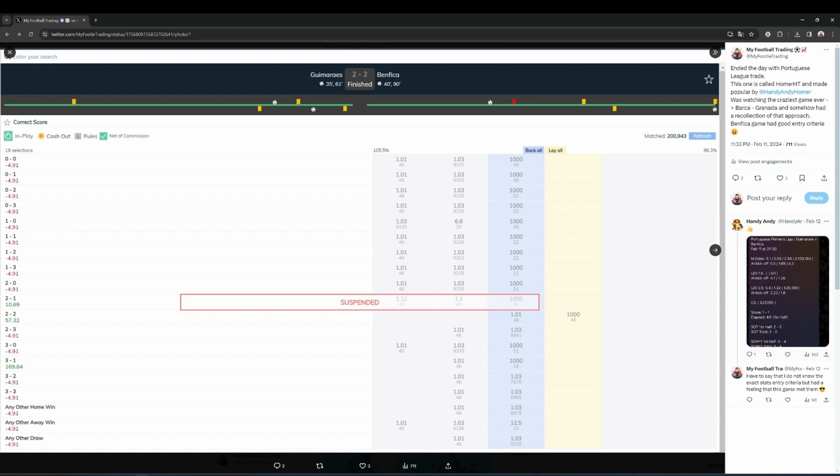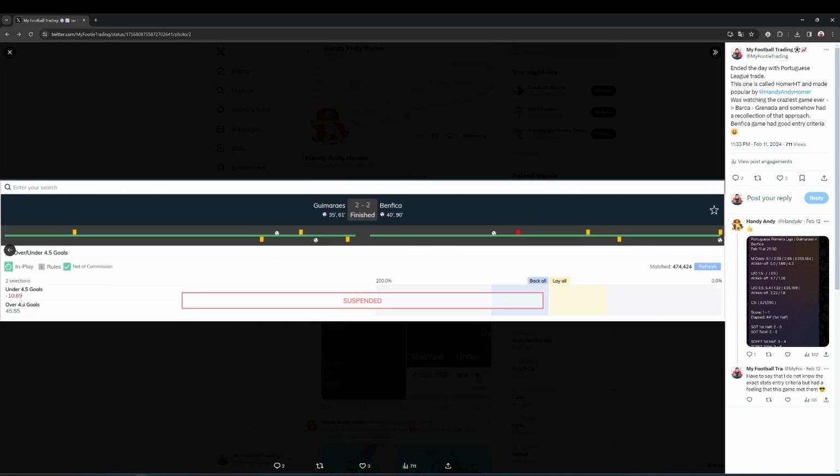Handy Andy responded to my tweet. He shared the stats entry criteria. And so this game ended 2-2. It was a very nice profit here. I had 57 minus 10, 69 that I lost on the under 4.5 goals market.